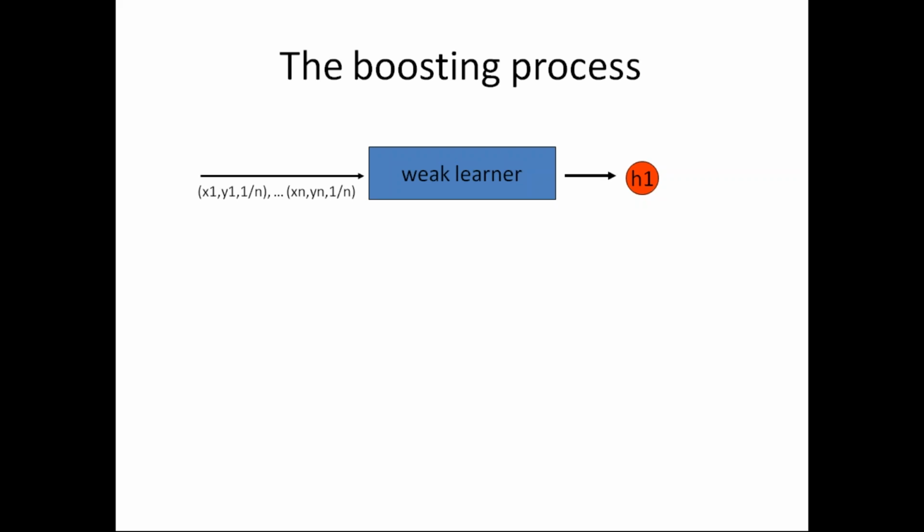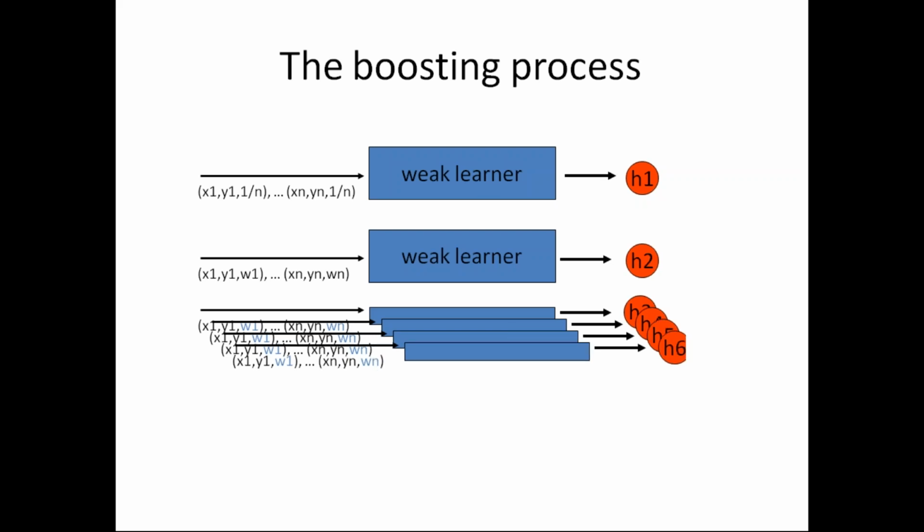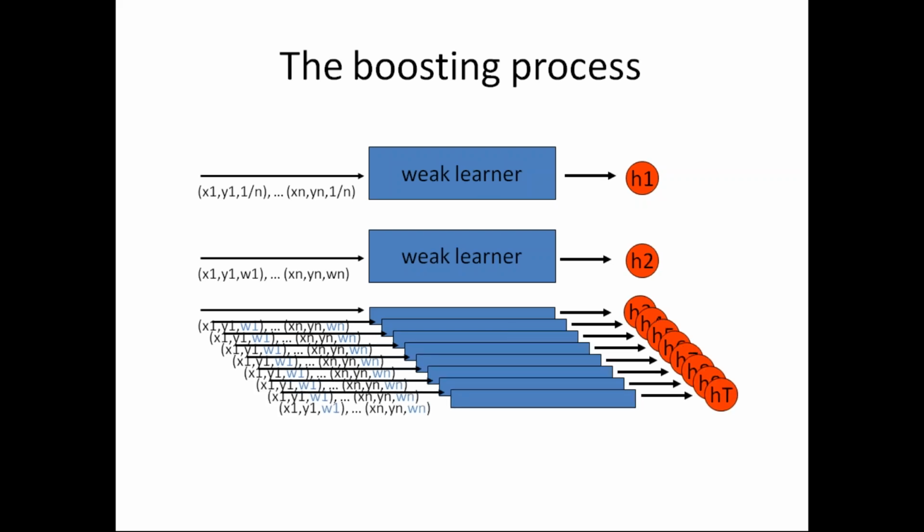That's what I was telling. And like that, from each iteration to the next, you keep adjusting the weight, giving more weight to the data points which were misclassified in the previous iteration, and a little bit less weight to the data points which were easily classified in the previous iterations.